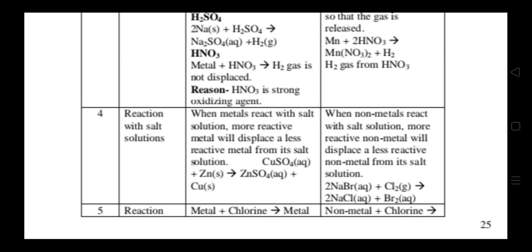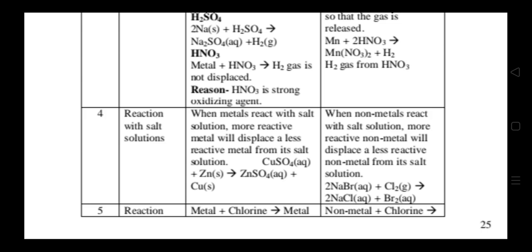The fourth one is reaction with salt solutions. When metals react with salt solutions, a more reactive metal will displace a less reactive metal from its salt solution. Copper sulfate in aqueous form, when it reacts with zinc, gives zinc sulfate plus copper.